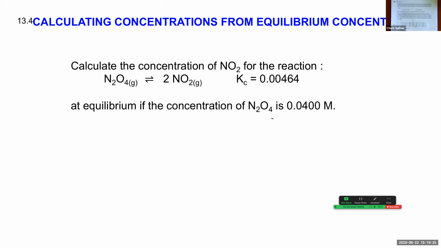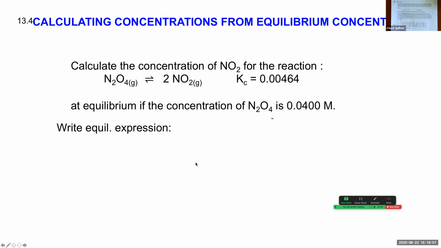It says at equilibrium, calculate the concentration of NO2 for this reaction if the equilibrium concentration of N2O4 is 0.400. You need to start with a balanced equation. You have to make sure the equation is balanced because the stoichiometry is very important in these problems.